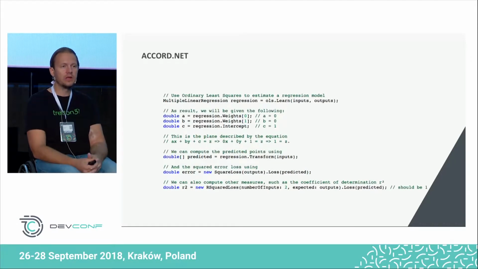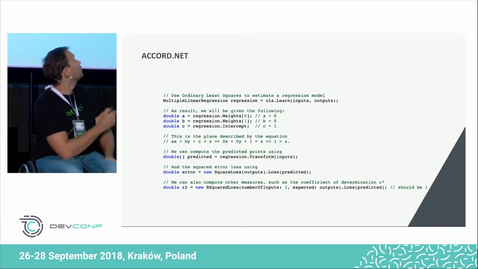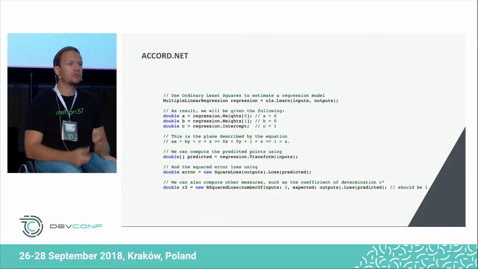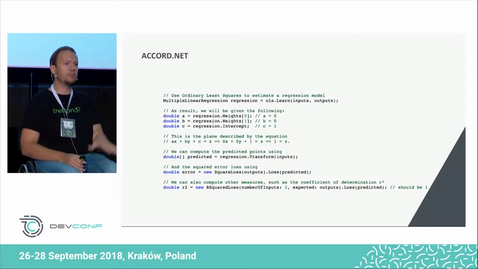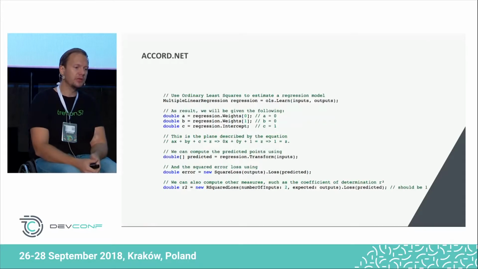So the example of how to do linear regression in Accord is pretty simple. Here they're actually using 3 arguments, so we're not going to be looking for a line in 2-dimensional space. We're going to look for a plane in 3-dimensional space, but the whole process is very simple.